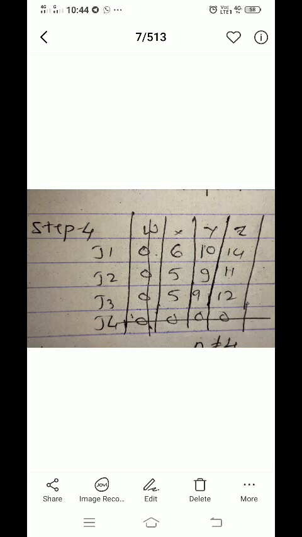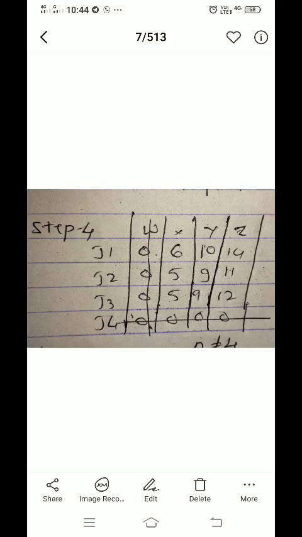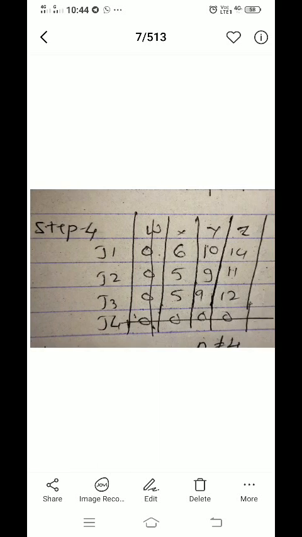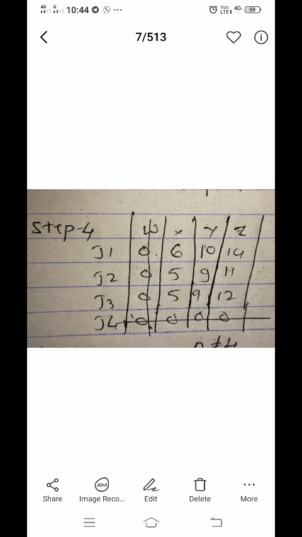Likewise, I need to subtract 5 from the first, second and third rows. We select the minimum number from the uncovered elements, that is 5, and subtract it from the uncovered elements 6, 10, 14, 5, 9, 11 and 5, 9, 12. Where two lines intersect, we add the value 5. Here the j4 point is the intersection point, so there I need to add the value.